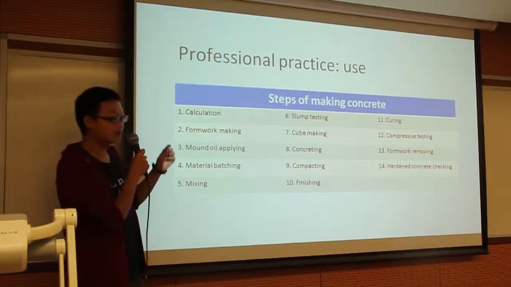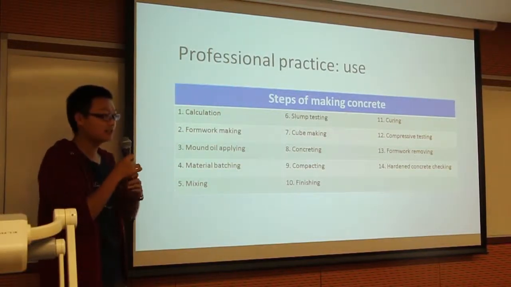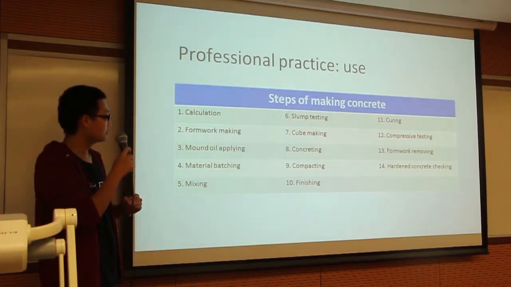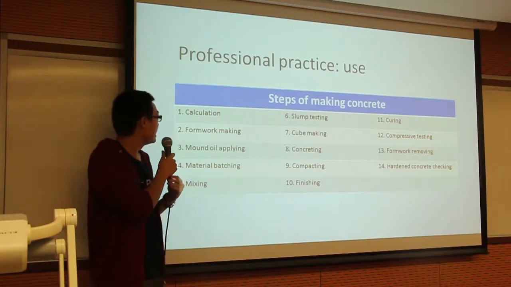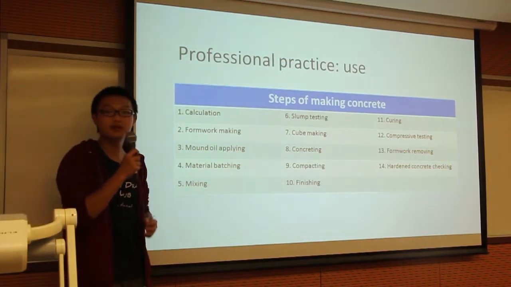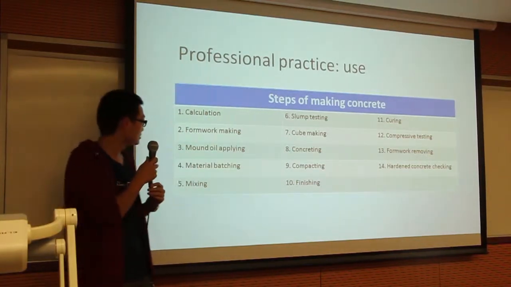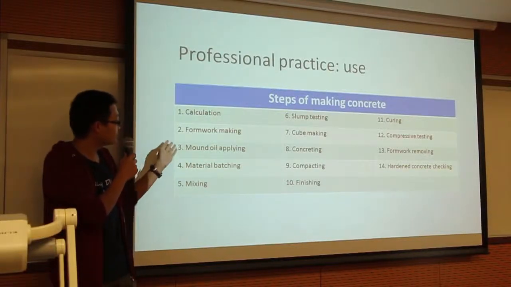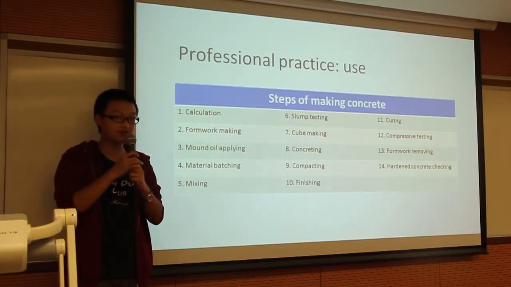The first step is calculation, to calculate the amount, the diameter, and the dimensions of your concrete, and the formwork making. This step will use timber and wood-based materials in order to set out your formwork on the finished step.